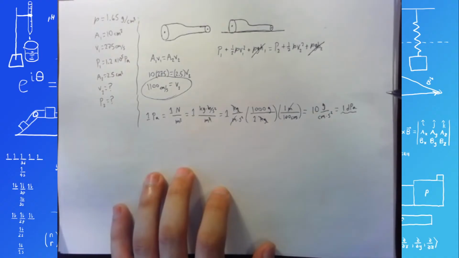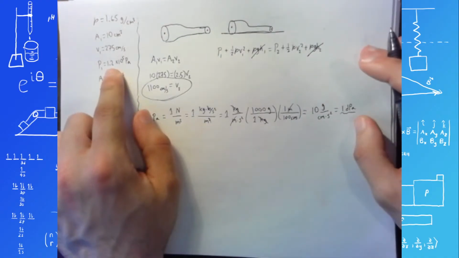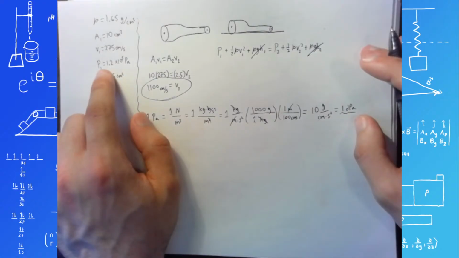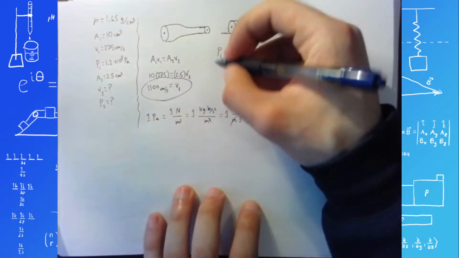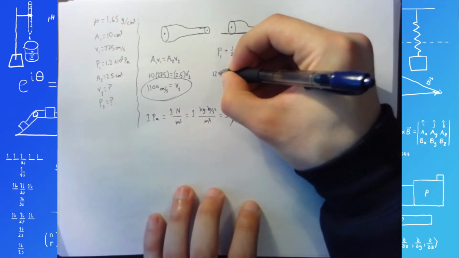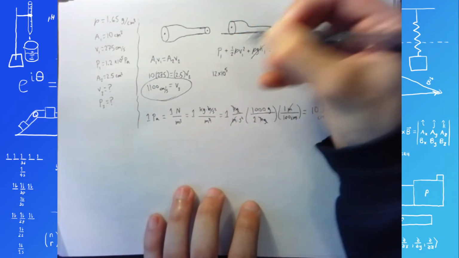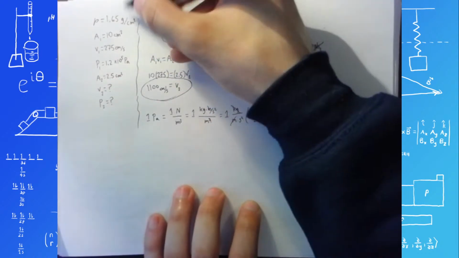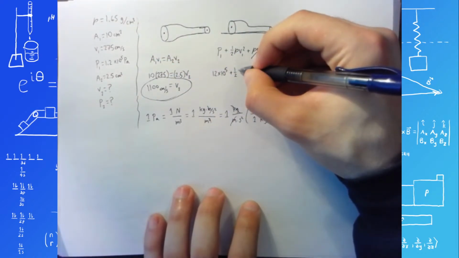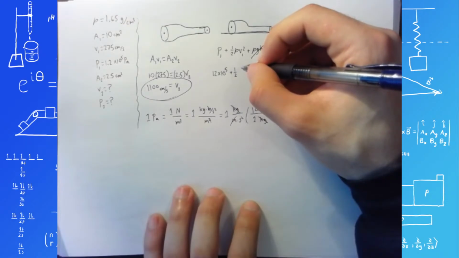So we'll do pressure in decipascals. Just multiply this by 10. 1.2 times 10 to the 5 pascals is 12 times 10 to the 5 decipascals. So that's what we'll use. 12 times 10 to the 5 decipascals plus 1/2 rho, which is in grams per cubic centimeter, which will work out for us here.